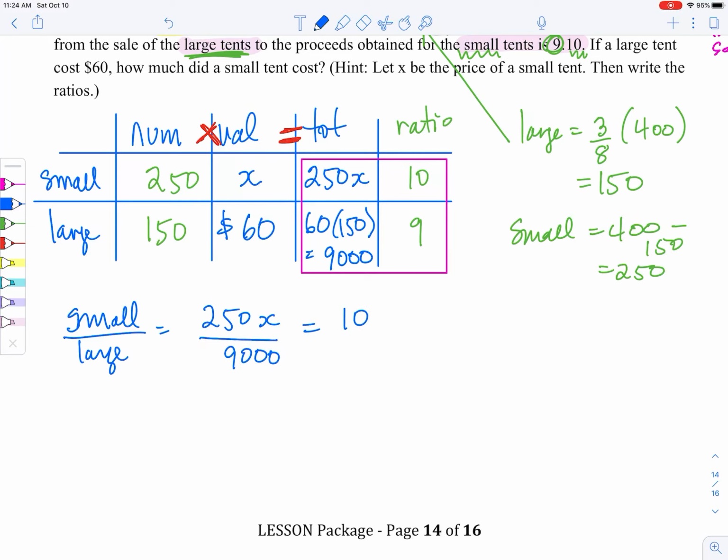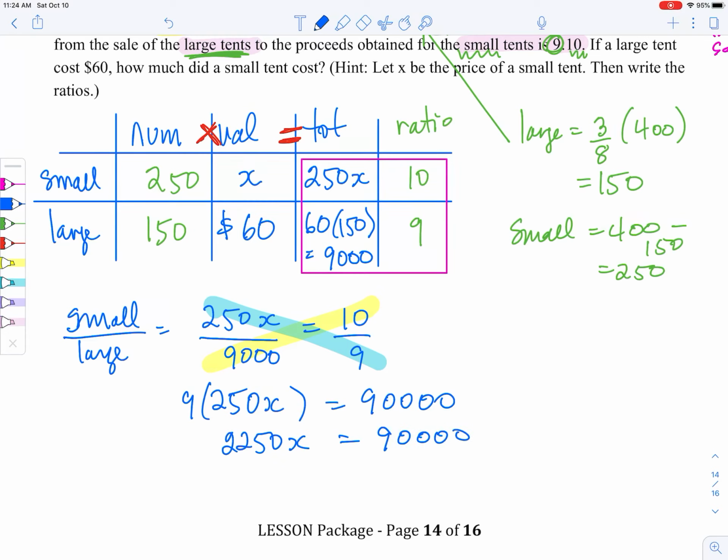But we know that equals 10 over 9. If we cross multiply, we get 9 times 250x equals 90,000. 9 times 250 gives us 2250.